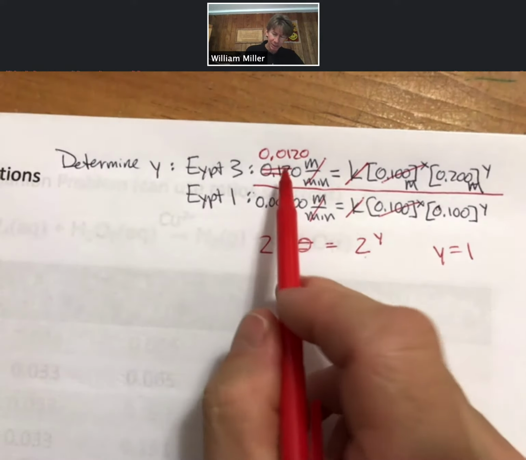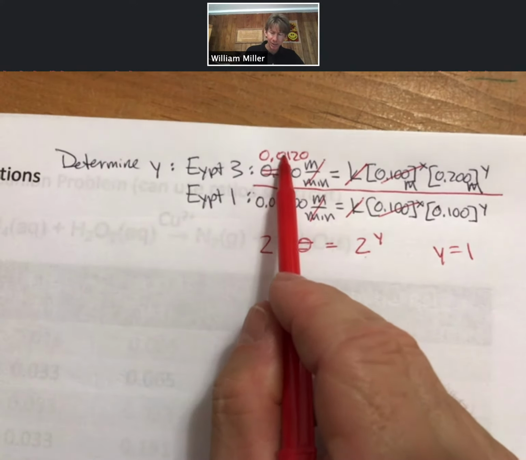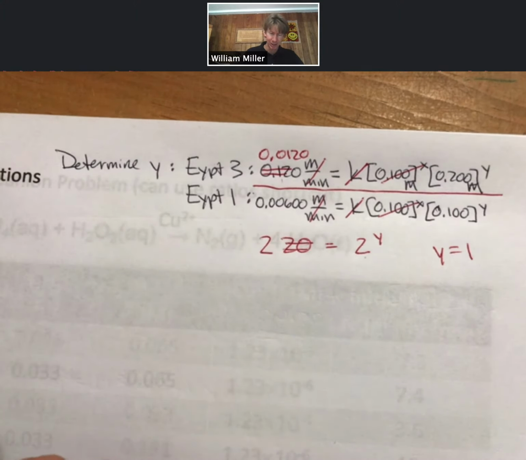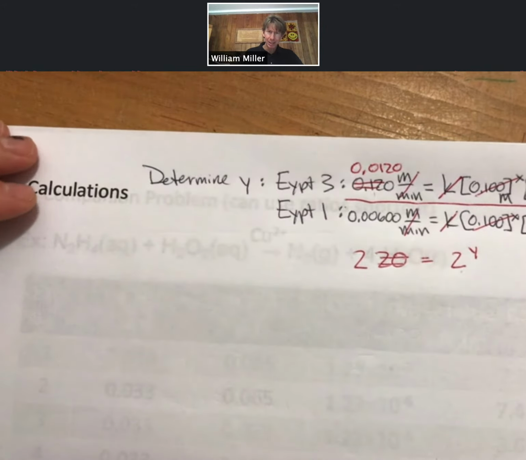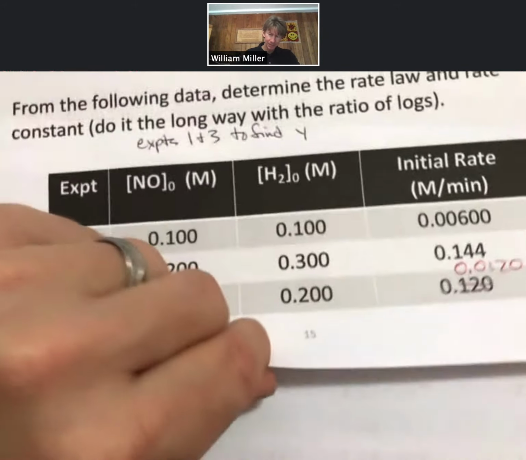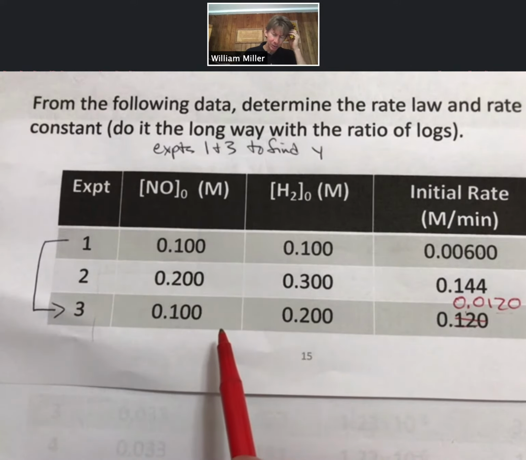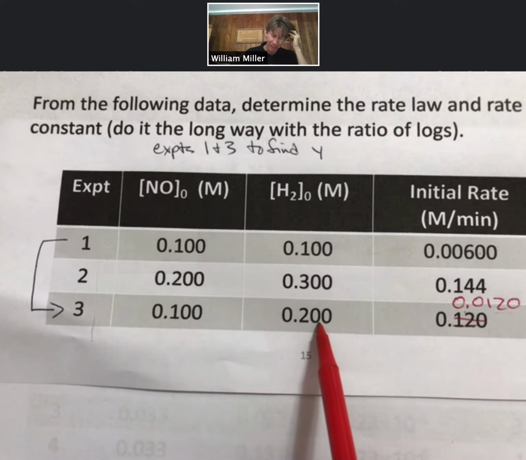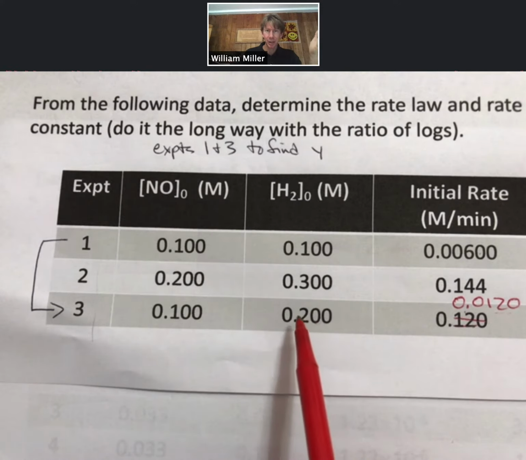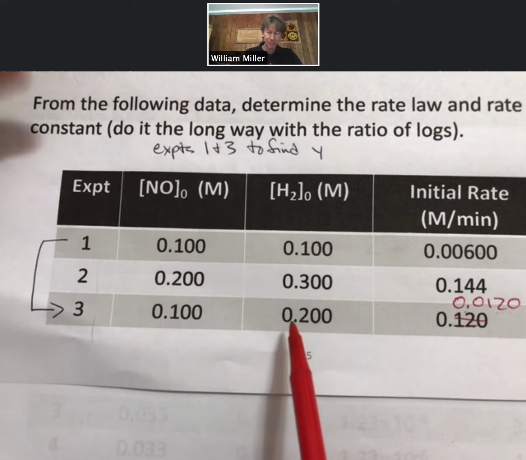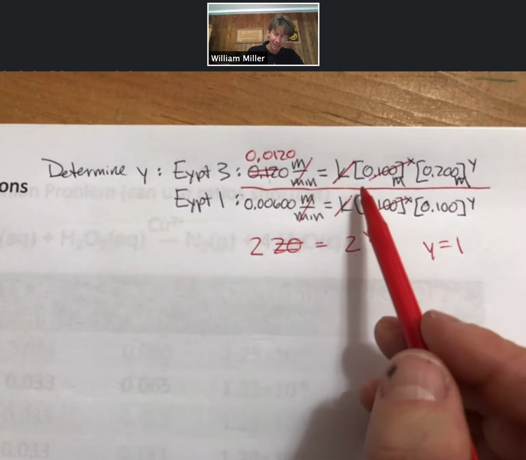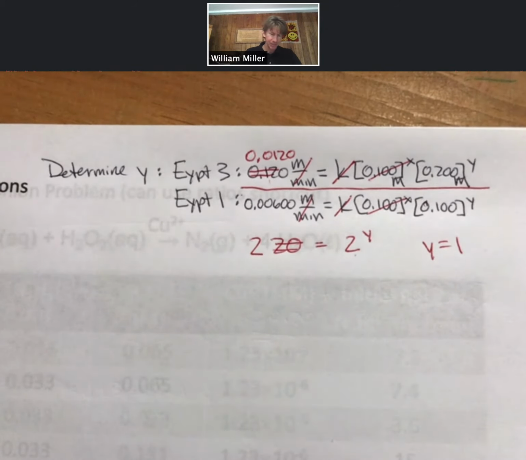This typically works, if it does, by putting the larger numbers on top, and hopefully you can get a nice number there. Now we've got Y, and what we'd really like is for hydrogen concentration to be constant. We don't have that, so we're going to have to carry it through, meaning we're going to have to plug it in. It won't cancel out all nicely like this did last time, but it'll still work.